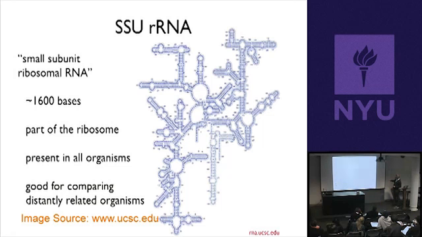Basically, it's a complicated molecule like a transfer RNA that pairs on itself and gains a three-dimensional structure. That's not really important to what we're discussing today. What's important is that it's present in all organisms. All organisms have this as part of their ribosome. Therefore, it's good for comparing distantly related organisms, because you can actually find the sequence in all organisms.